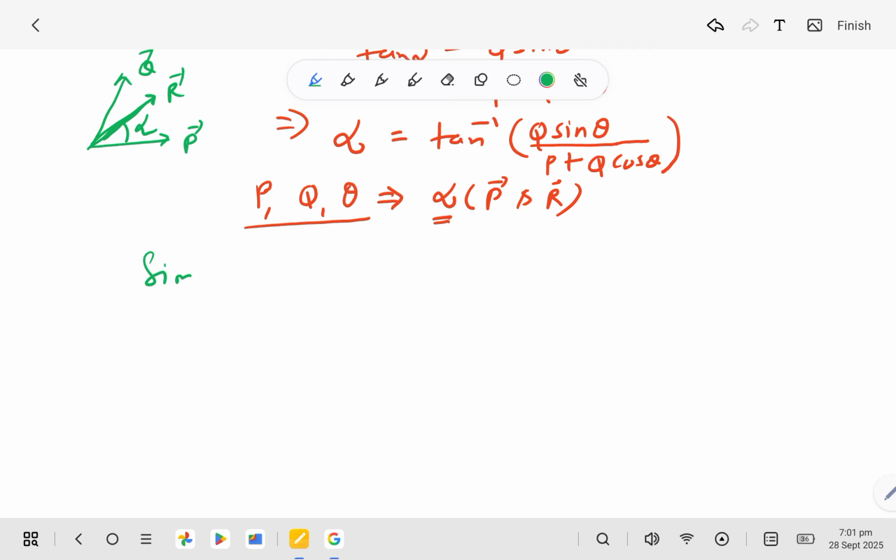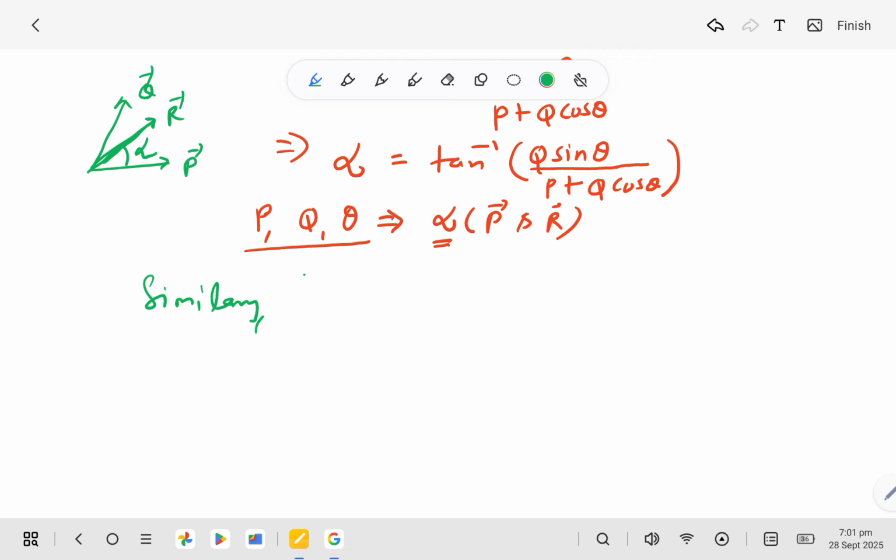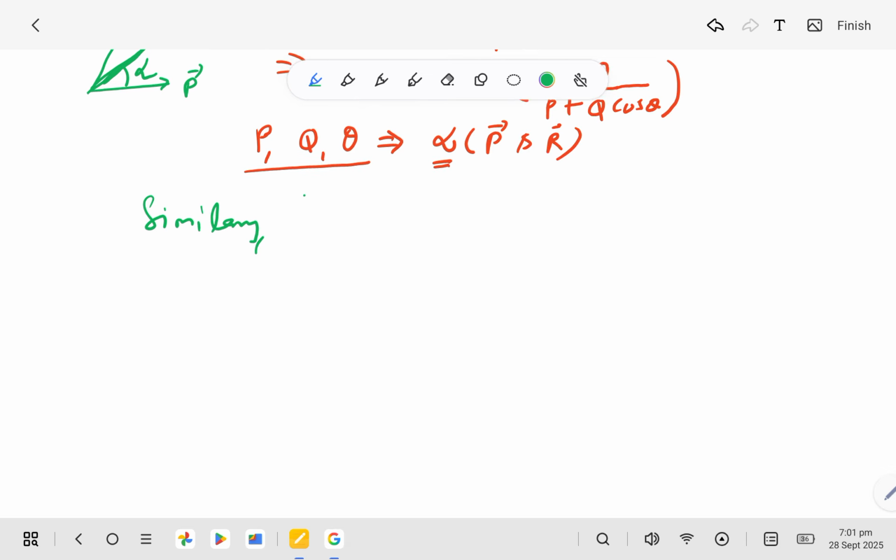Similarly, we can also estimate the angle of R with Q. Let this be the resultant force, and this is the angle alpha prime.